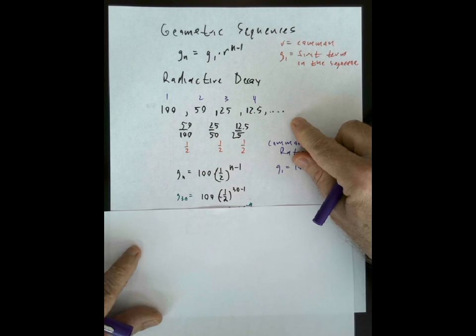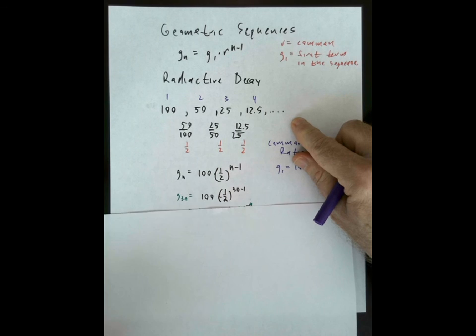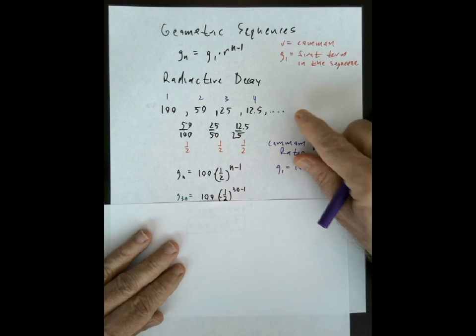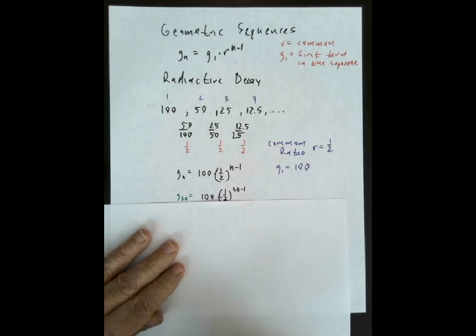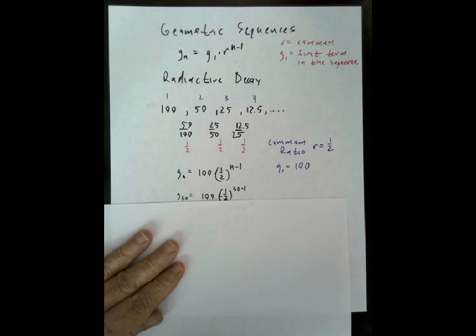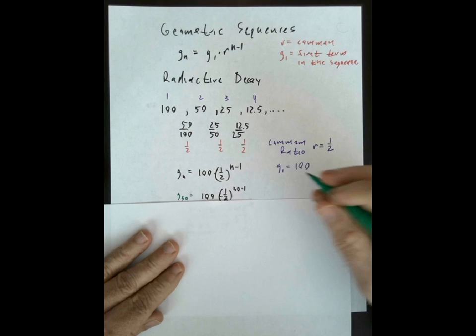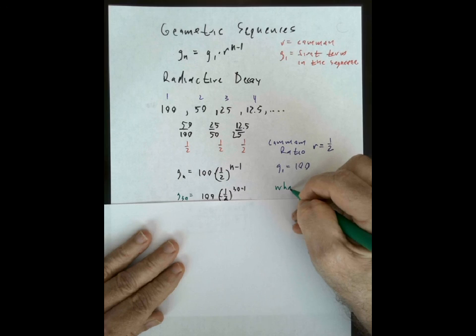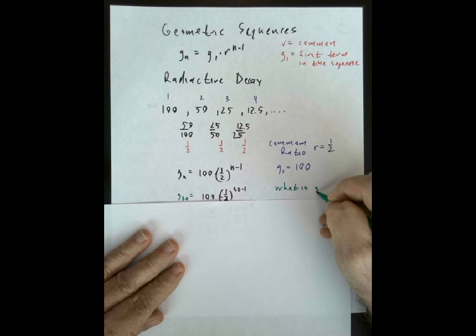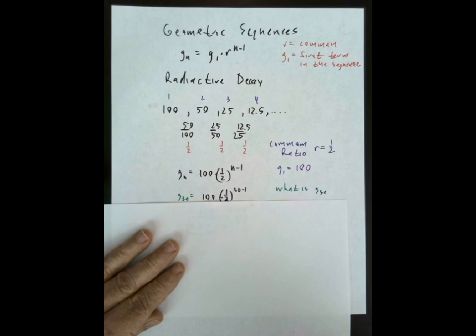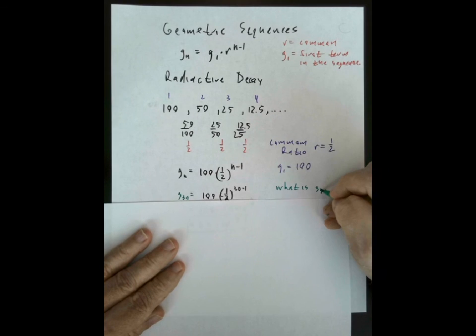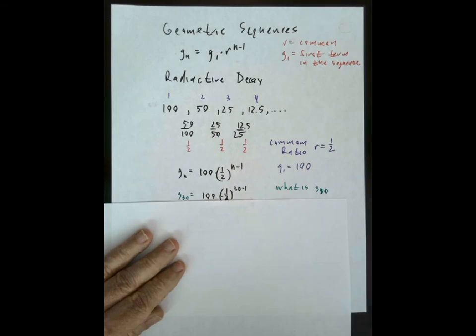All right, so then, what's the 30th term? So now we want to know what is G sub 30, the 30th term in the sequence, or how much radioactive element would be left after 30 half-lives.